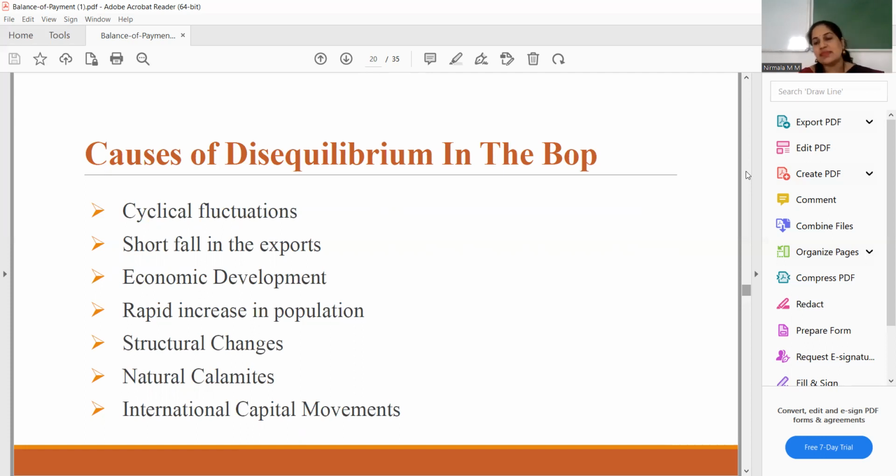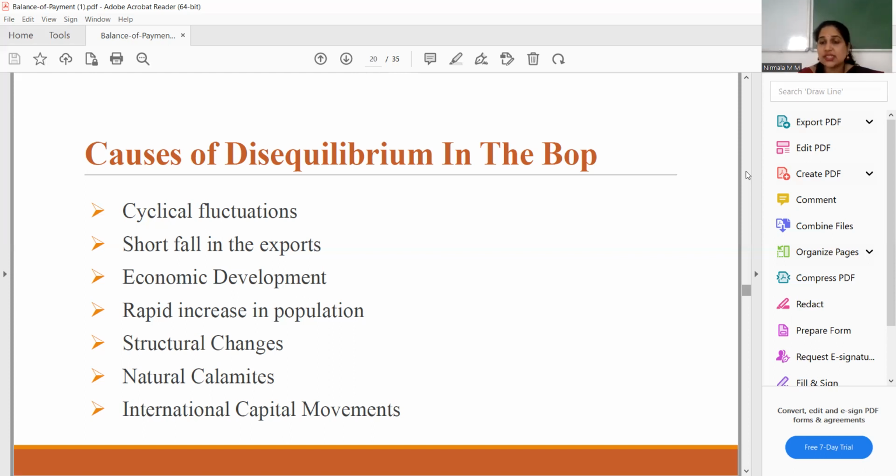For example, developing and underdeveloped economies give a lot of emphasis on development projects, which end up in a lot of borrowing, so that also results in BOP disequilibrium. Rapid increase in the population, which countries like India and other developing economies have, is one of the important reasons we encounter a BOP deficit every time.